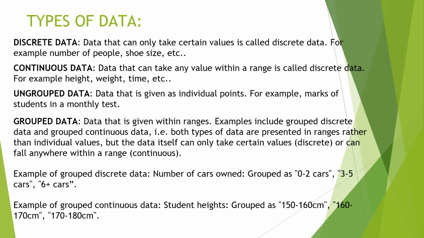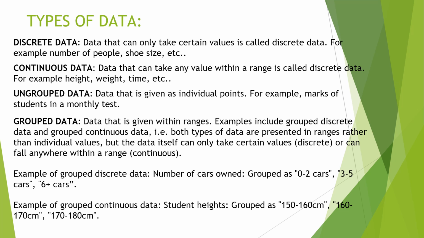Before going to the important formulae, let us first discuss types of data. Let us recall that you can have discrete data, which means the data can take only certain values. For example, if you are having the number of people, shoe size, etc., you can have 2 people, 5 people, but you cannot have 2.5. So this type of data is called discrete data.